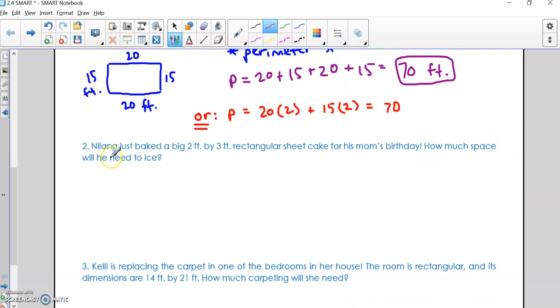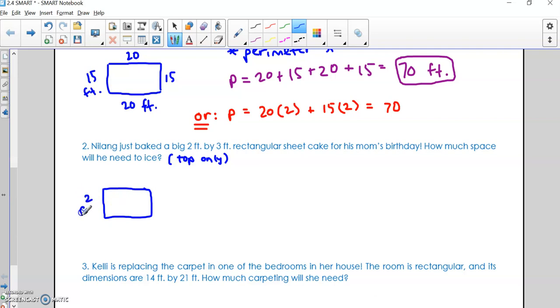Alright, let's try another one. We have a big baked sheet cake. It's a rectangular sheet cake, a 2 by 3, huge cake. And we want to ice this cake. Now, I should clarify, we are only icing the top for our intents and purposes here today. So if we are icing the top of this cake, let's draw our nice big sheet cake here.